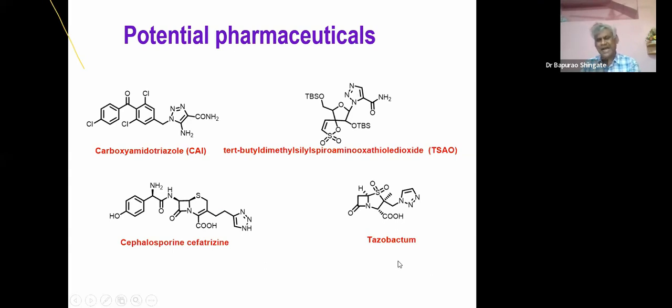Tazobactam, no doubt it is an antibiotic, a beta-lactamase inhibitor. The 1,2,3-triazole system is there, and cephalosporin or ceftriaxone again has a 1,2,3-triazole, and many more small molecules are under clinical trials of phase 1, 2, 3 as well.